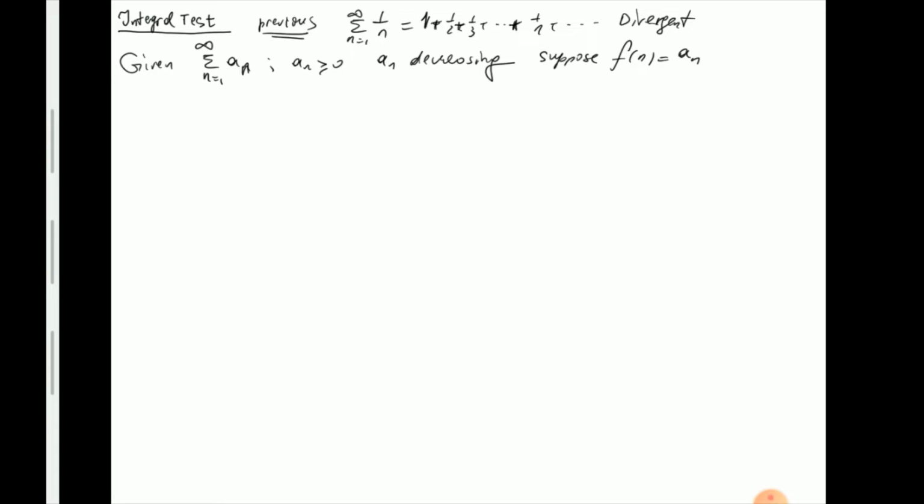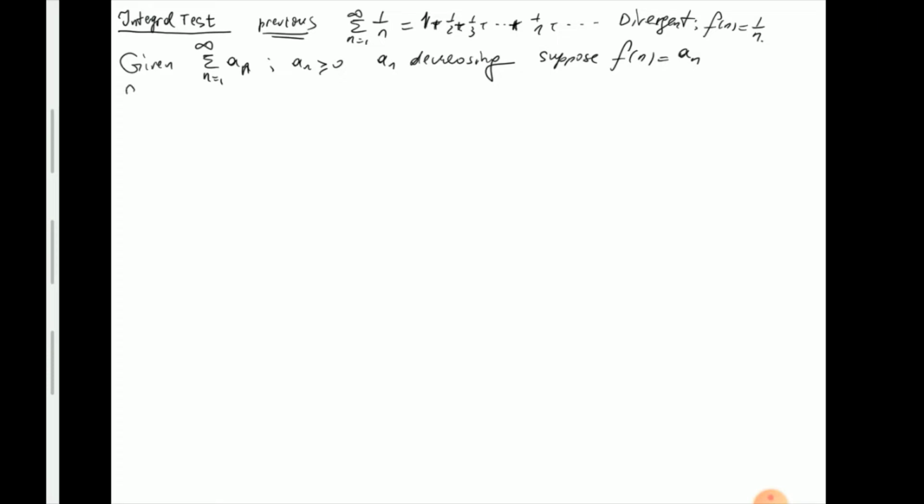You look at the term a_n and treat that as a function of n, which in turn gives you a function in a real number x in general. So for example, in the example at the top of the page, f of n will be 1 over n, because that's the generic term in the infinite sum.